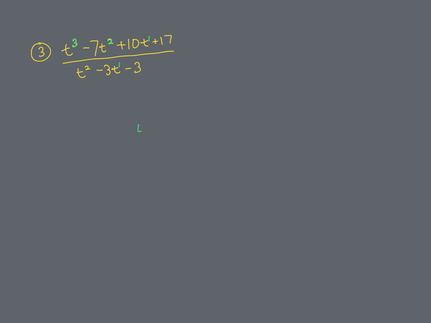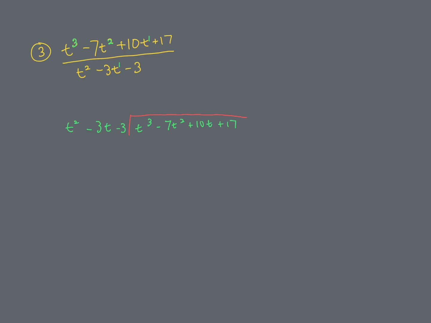On the inside of the division algorithm, t cubed minus 7t squared plus 10t plus 17. Then on the outside, t squared minus 3t minus 3.